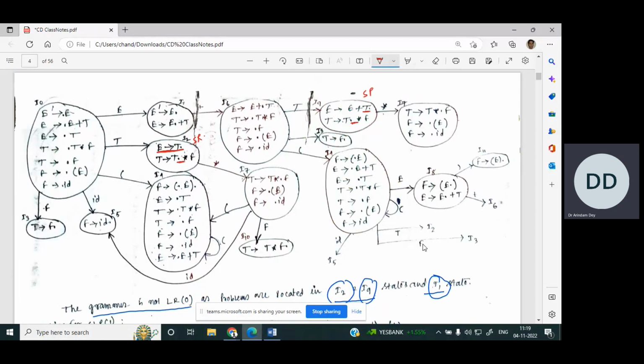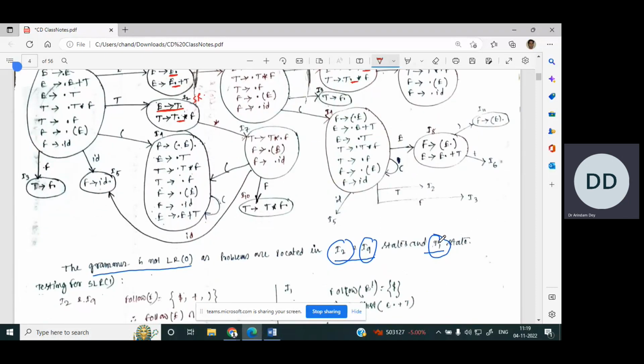So here it is an SR conflict. I1, this is the I1 state. Here this is reduced and here also it is shifting. So here also an SR conflict. So three cases we have found where the SR conflicts are there. If one conflict is there, then definitely the grammar cannot be LR0. So that decision we have taken. So the grammar is not LR0.